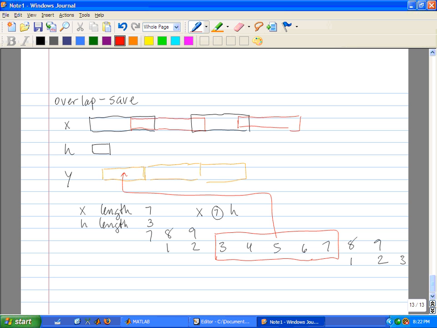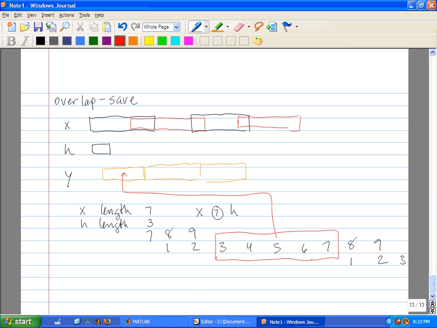So in the next chunk, the ones that are not affected by the circular convolution will now be sitting where 8 and 9 are. So then you'll know what 8 and 9 are. You'll get them from the next convolution.